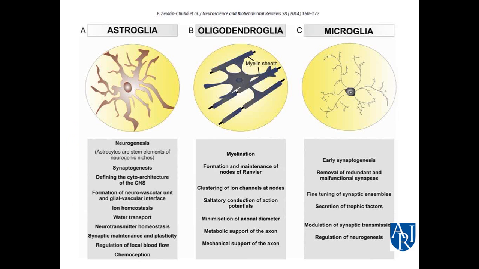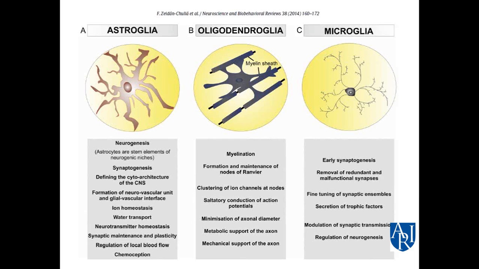And as you know, oligodendroglia are the main cells that form myelin, or the white matter of the brain, and microglia we've mentioned, and astroglia. These are all important to neurons, and of course neurons are the other important group that might be included here.